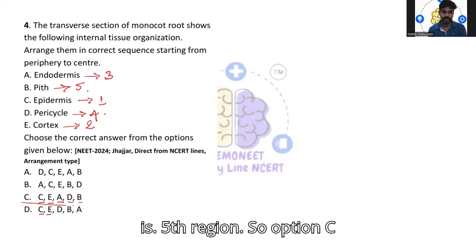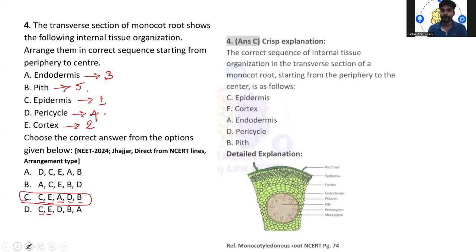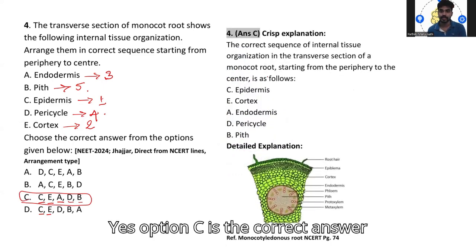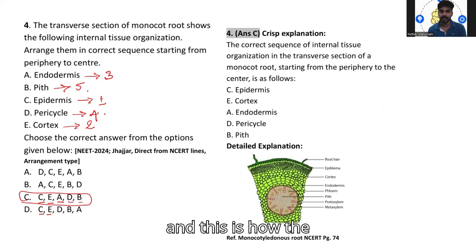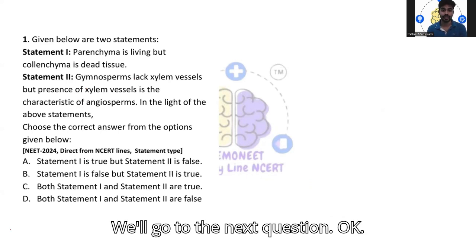So option C is the correct answer, and let us see. Yes, option C is the correct answer, and this is how the explanation suits. We'll go to the next question.